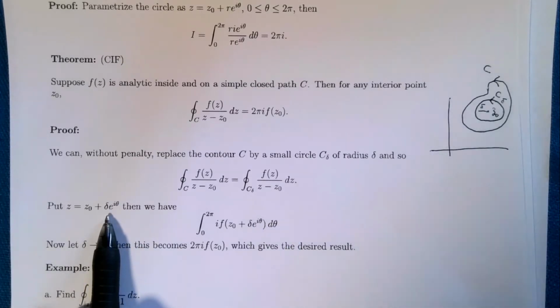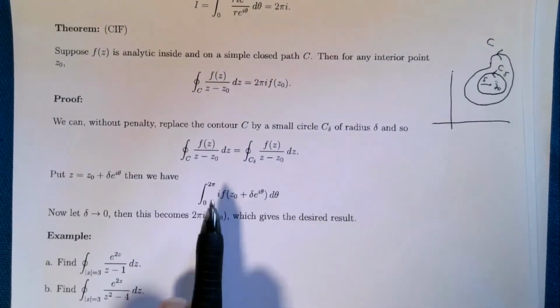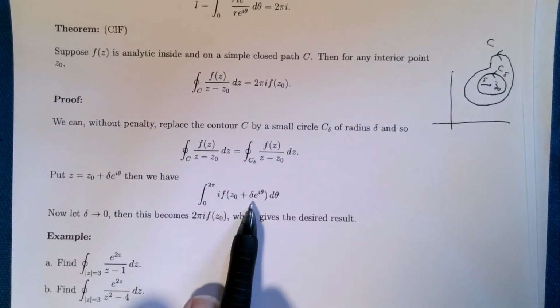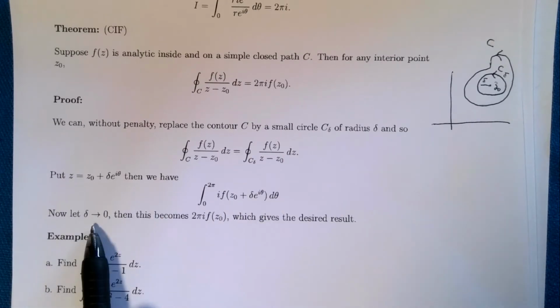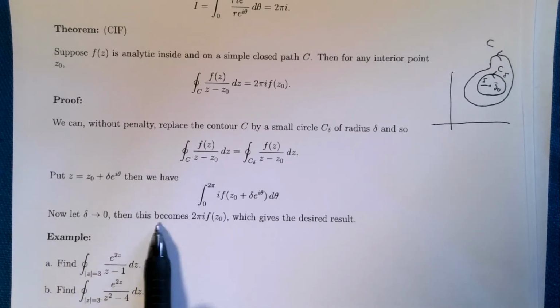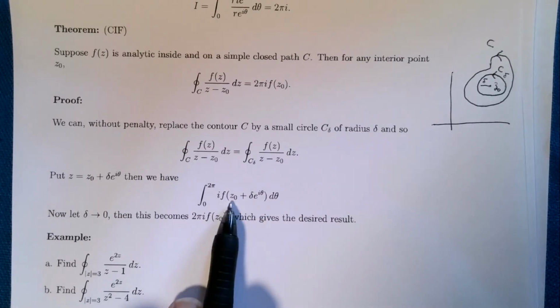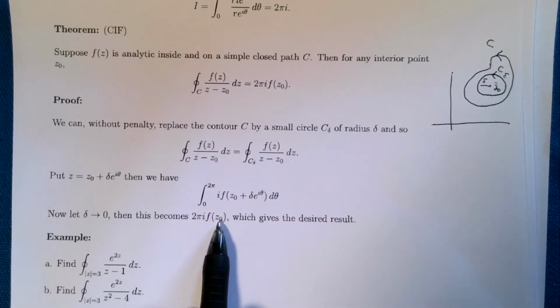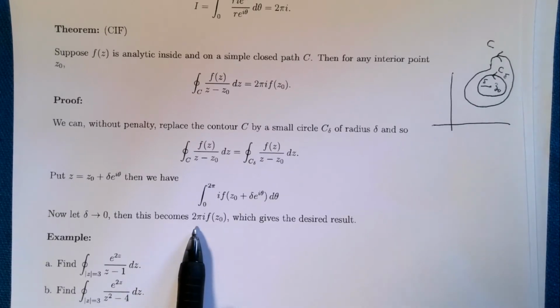Everything cancels out. We get an i at the beginning, and we just get f of z0 plus delta e to the i theta. Finally, if we now let delta become as small as we like, then this thing just becomes f of z0, which is a constant, times i, and we integrate, we pick up the 2 pi, and there's the desired result.